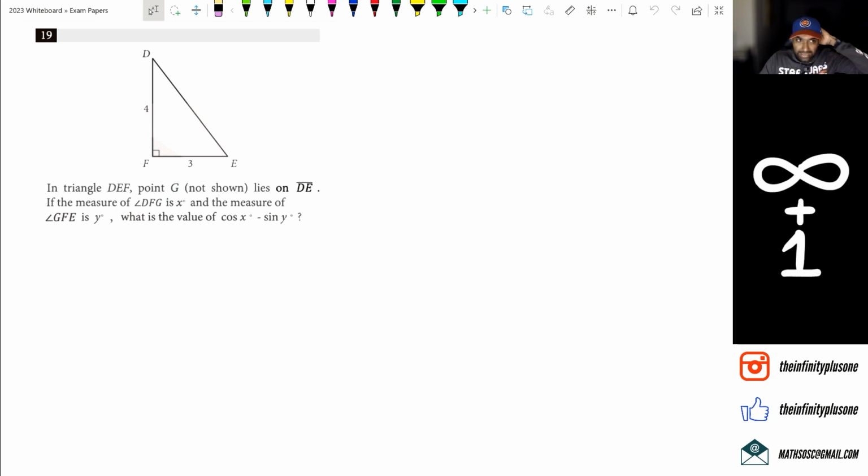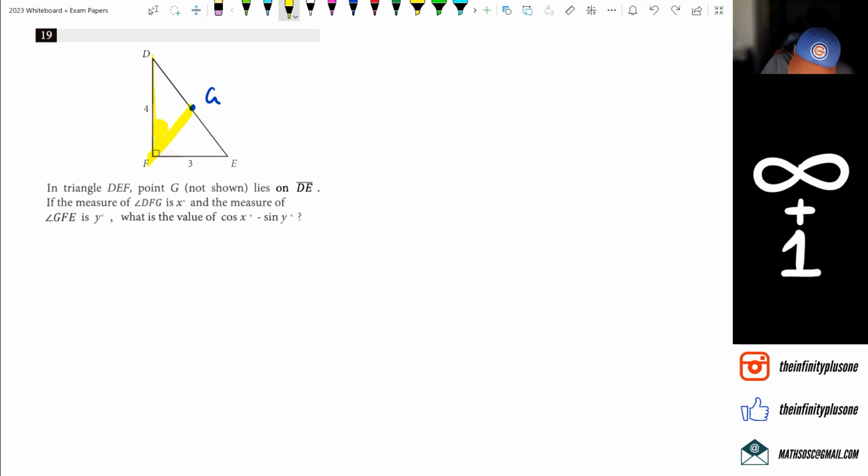Question 19. All right, guys. So with question 19, what we've got here is, first off, a point G somewhere here. Now, we don't know where it is. But the angle DFG, which happens to be this one right here. All right, so the yellow part right there is DFG. Ooh, that's a terrible color to use. Should have stuck to highlighters.